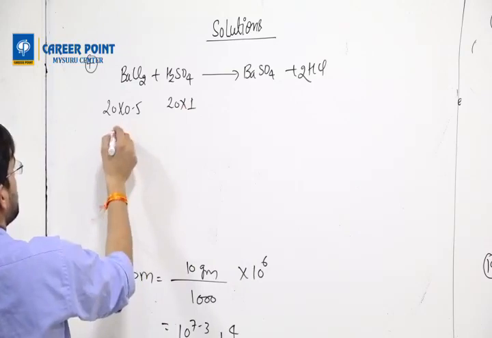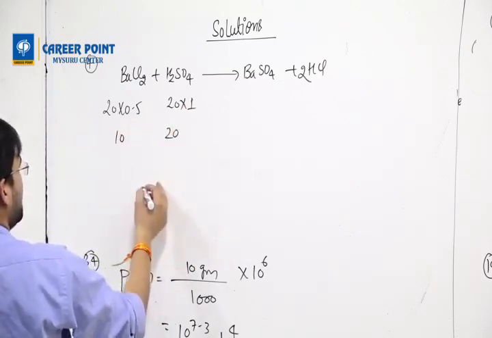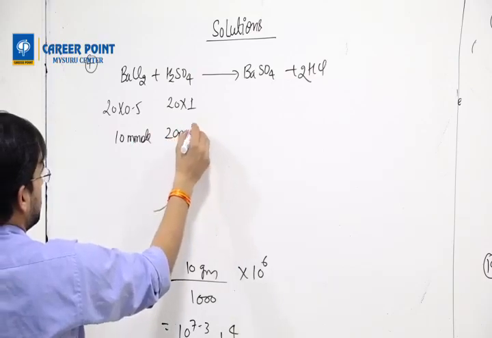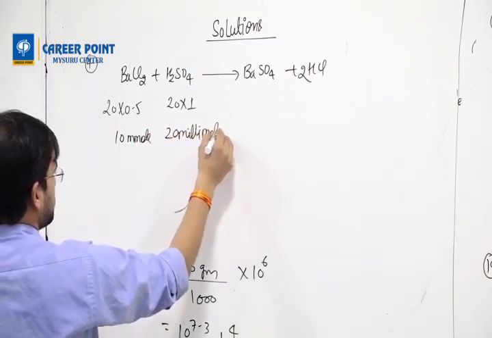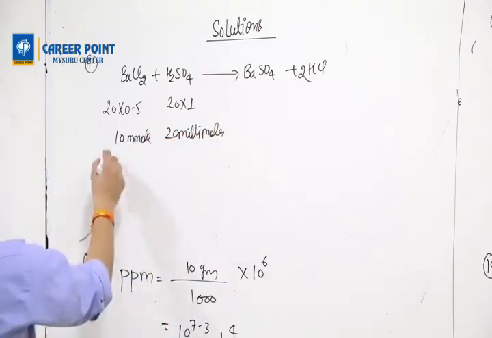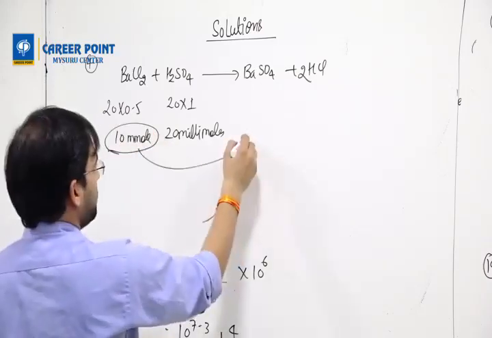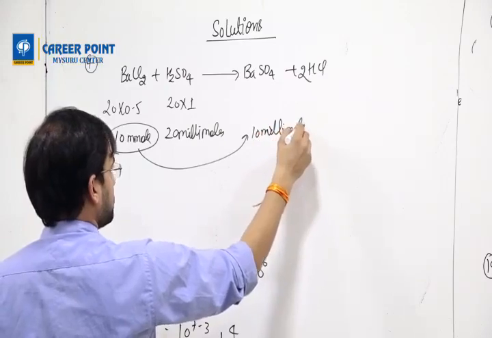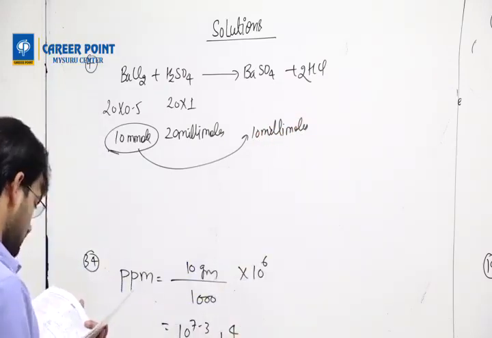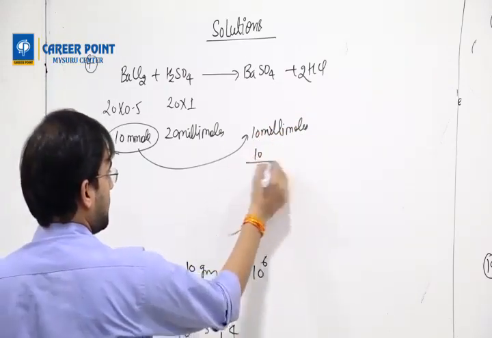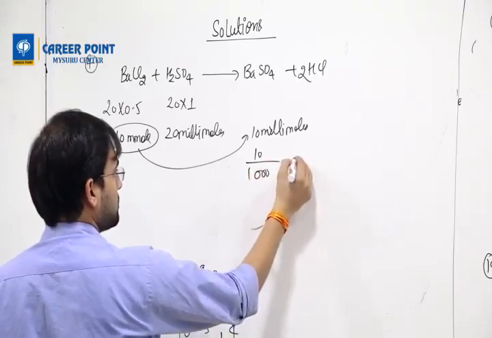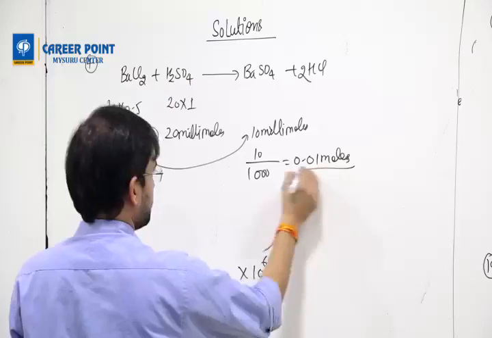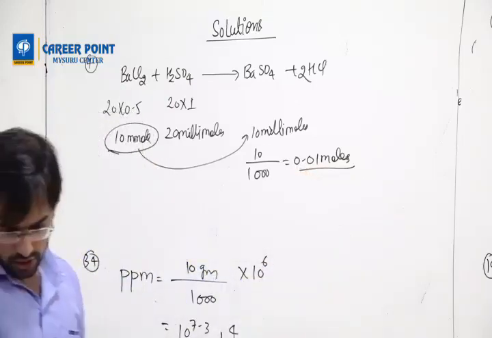So this gets you 10. That gets you 20 millimoles. So limiting reagent is this only. So we'll get 10 millimoles here, or 10 by 1000, so 0.01 moles. Question number 4 also done.